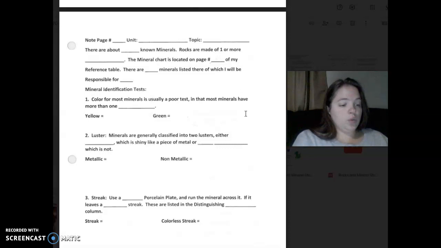There are 21 overall. So if you were in class, I would have you actually only look at 10. The 10 would be graphite, galena, talc, sulfur, selenite gypsum, biotite mica, halite, calcite, potassium feldspar, and olivine.